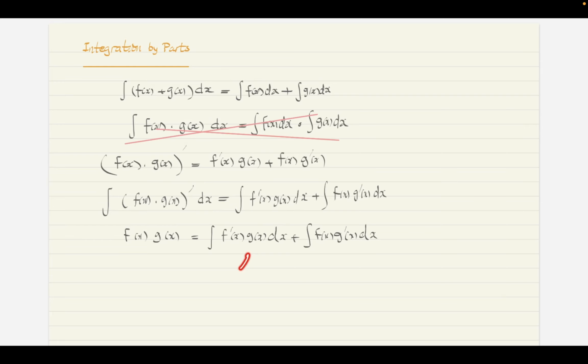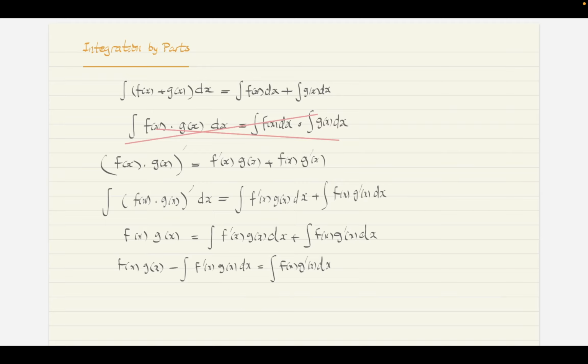Now let me move this to the other side. I have f of x g of x minus the integral of f prime x g of x dx equals the integral of f of x g prime of x dx. It is common to write it from the other side, so let me reverse these two.